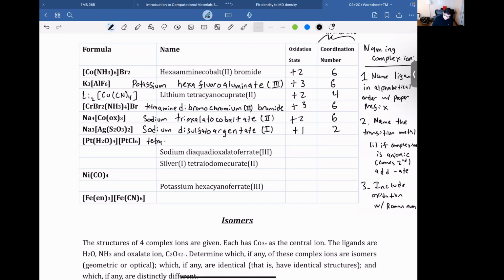So we have tetraaqua. Then you name the transition metal, platinum. And then I have a Roman numeral I'm going to figure out in a second. Then we name the other complex ion. There's 6 chlorines. This is hexachloro. And then platinate. And then we have some Roman numerals.